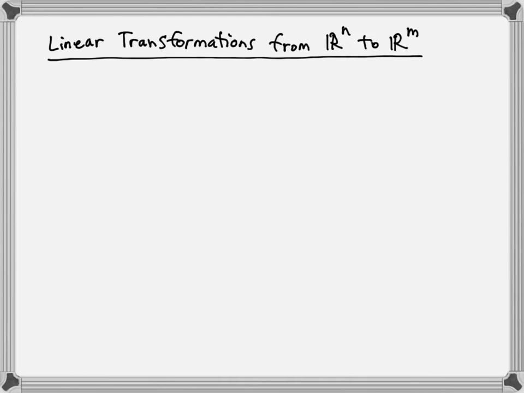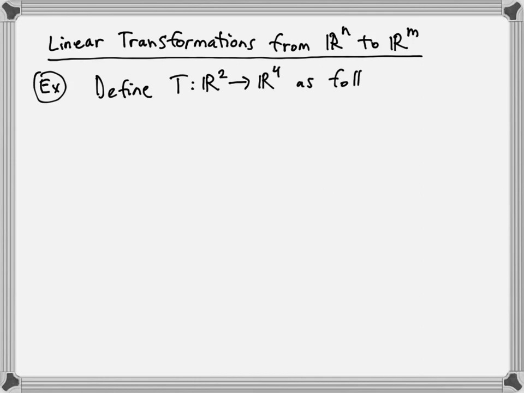What I actually want to do is do a quick example for you guys, and then I'll loop back around and show you guys that we're going to completely classify linear transformations from Rn to Rm. So for this example, I want us to define T. This map is going to go from R2 to R4, and we're going to define it as follows.